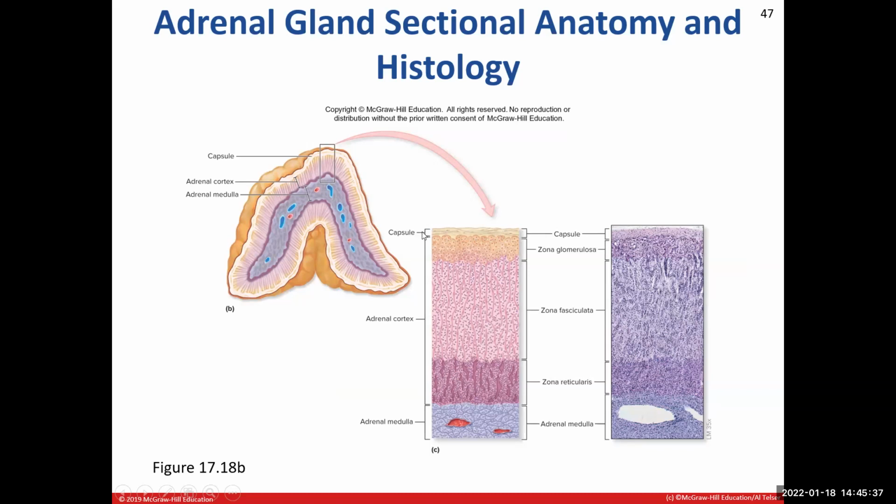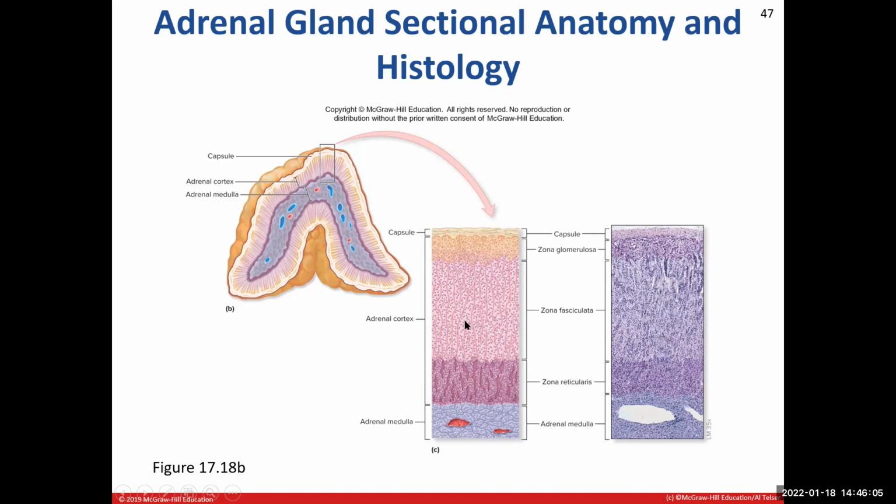The capsule is usually made up of dense irregular connective tissue, but it gives a fibrous coating to our gland, helps with protection and support. Just deep to that is the zona glomerulosa. Then the largest zona is the middle zona, the zona fasciculata. And the innermost zona is the zona reticularis.